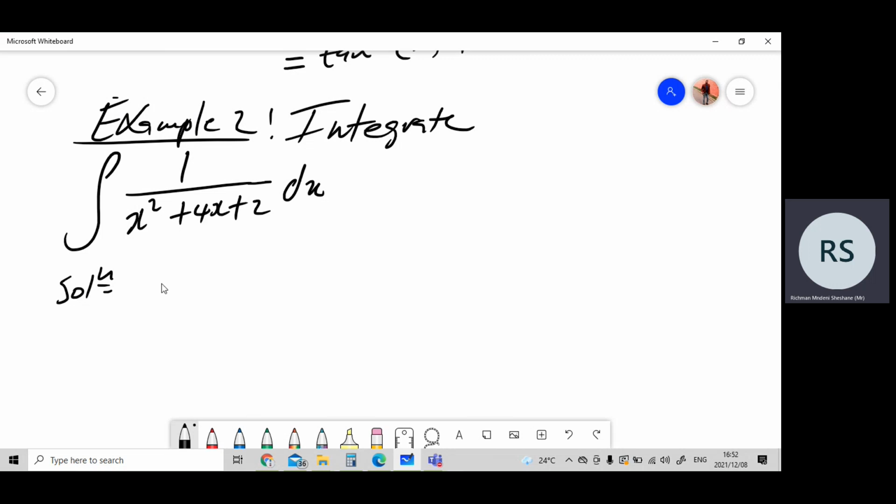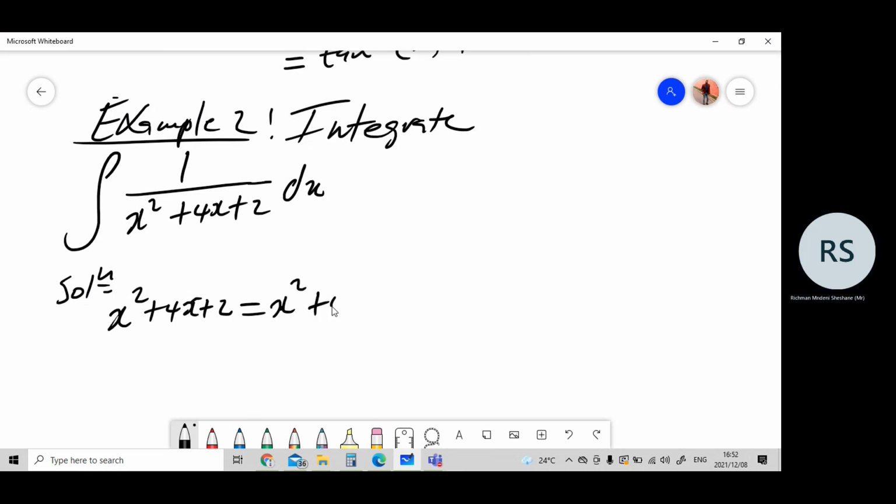So take your quadratic in the denominator, x squared plus 4x plus 2, and complete the square. Most of you know this, I did it in class. So you write the first two terms that have x and open a space and write your constant, that's 2, okay? You open a space here because we need to add some terms here. You add a half coefficient of x, squared.